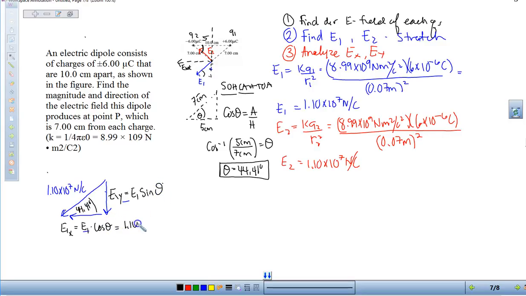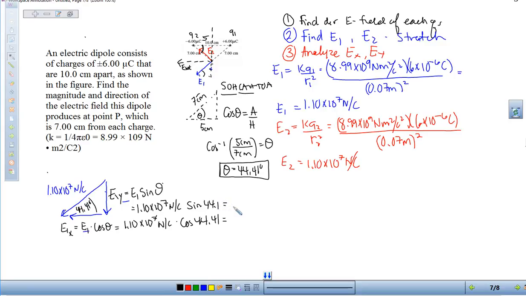So 1.10 times 10 to the positive 7 newtons per coulomb times cosine 44.41 here. And this is going to be 1.10 times 10 to the 7 newtons per coulomb times sine 44.41 here.